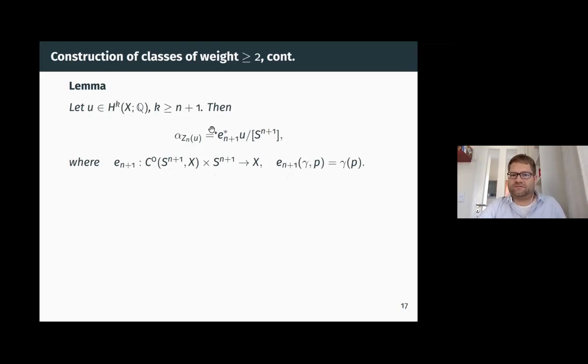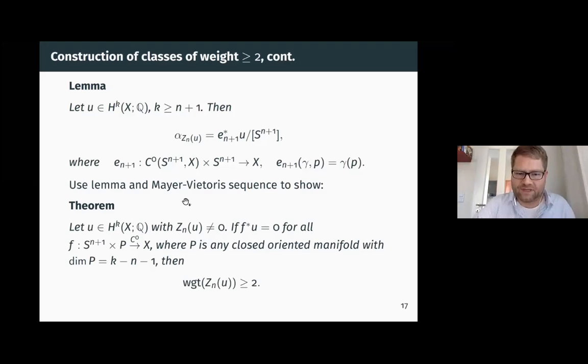And so we know that if this class here is vanishing for some reason, then our class Zn of u that we are using here has weight 2 or bigger. And then you can play around with this and use this lemma and this Mayer-Vietoris argument to get a really handy criterion.